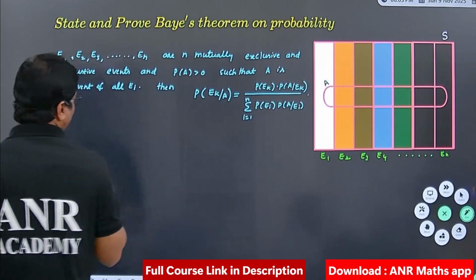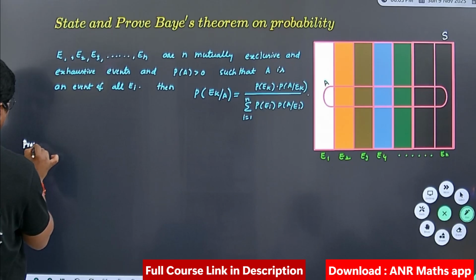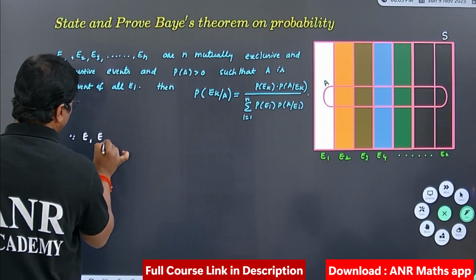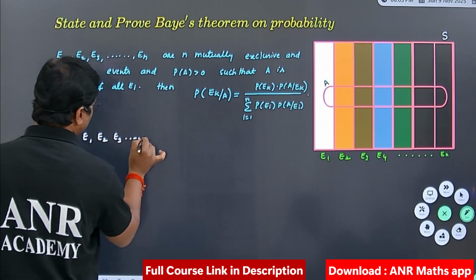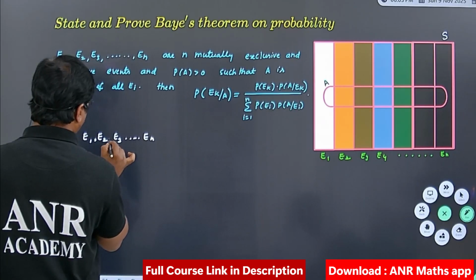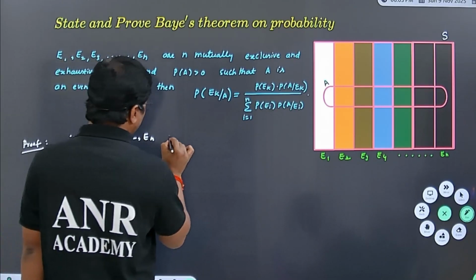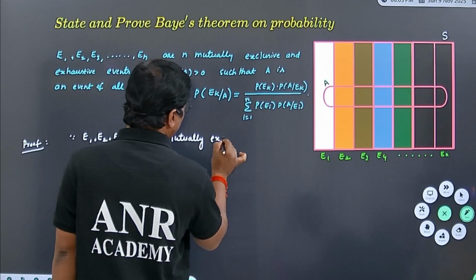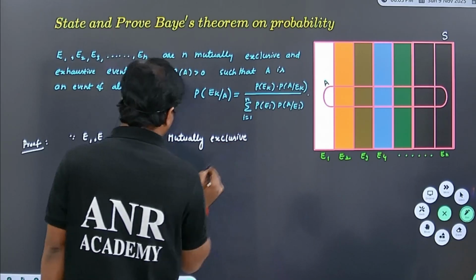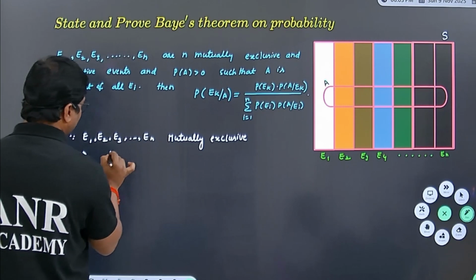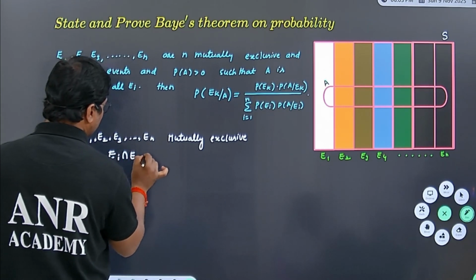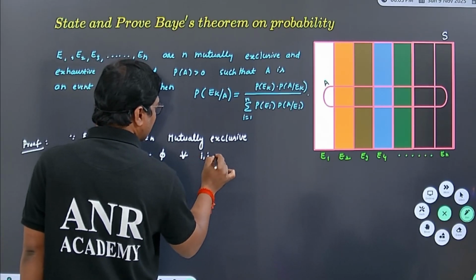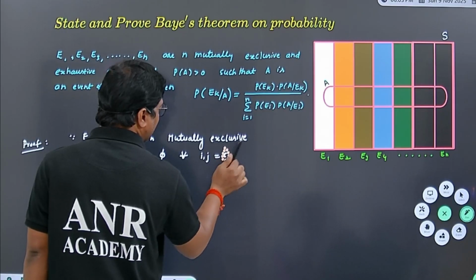So I am going to write the proof. Since E1, E2, E3 and so on En are mutually exclusive, I can write Ei intersection Ej is empty for all i, j from 1 to n.